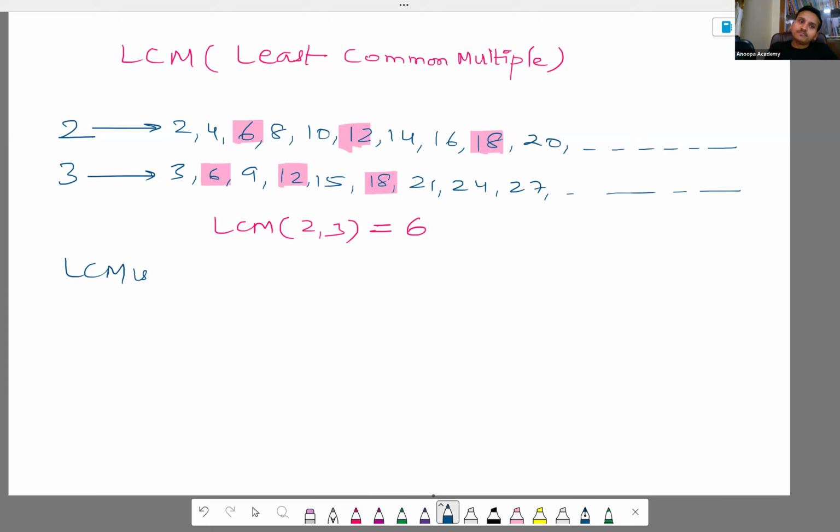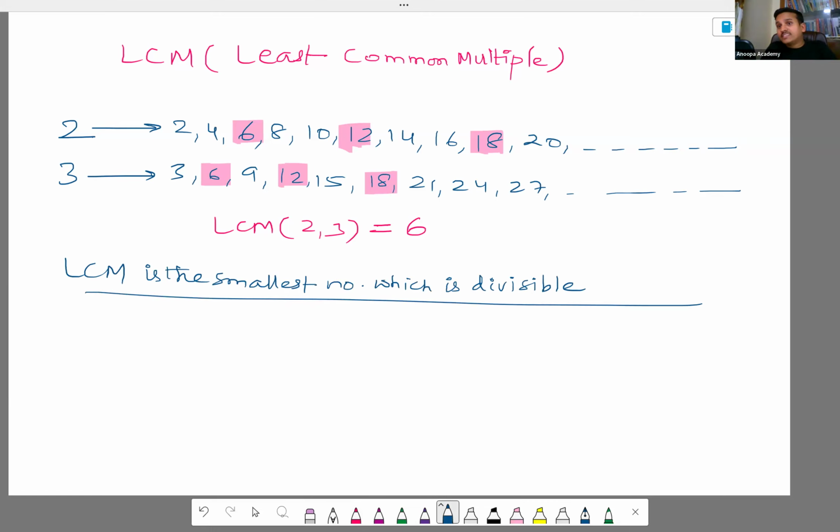LCM is the smallest number which is divisible. See, LCM is divisible and HCF divides.